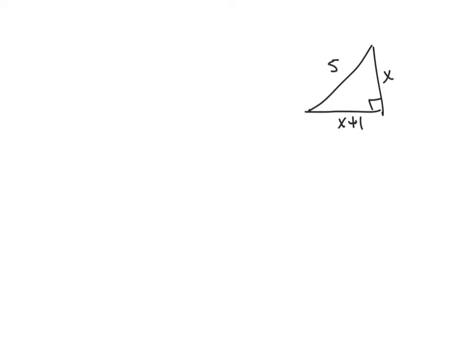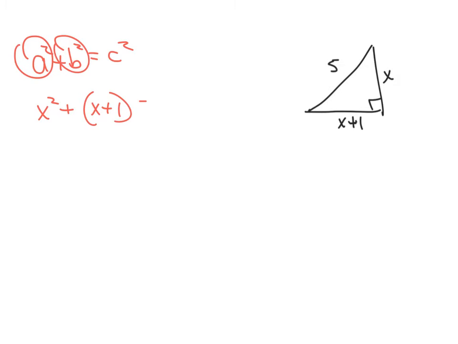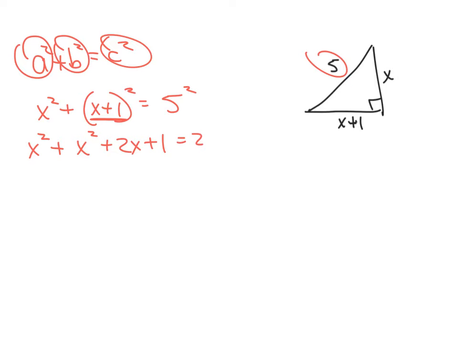So we've got, going to use Pythagorean again. So in other words, one side squared plus the other side squared equals the hypotenuse squared. So this is x squared. Use the FOIL method to square those. And 5 times 5 is 25.